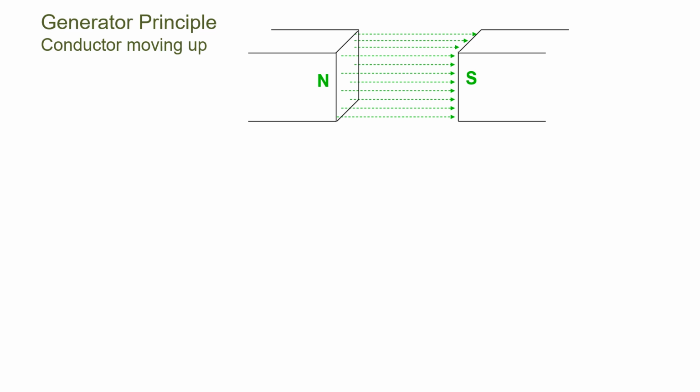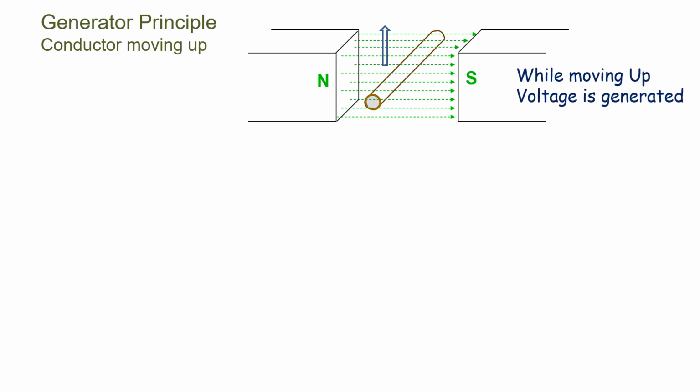In this magnetic field, let us place a bar conductor and move this conductor upwards. While the conductor is moving up, voltage is generated in this conductor. We can treat this as a single conductor generator.